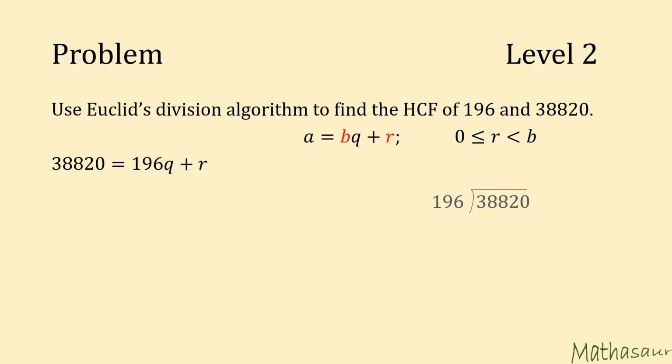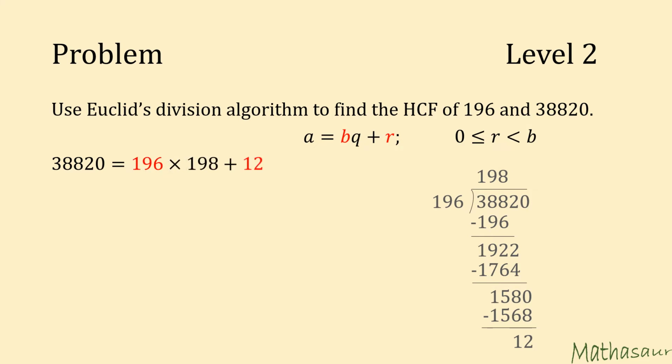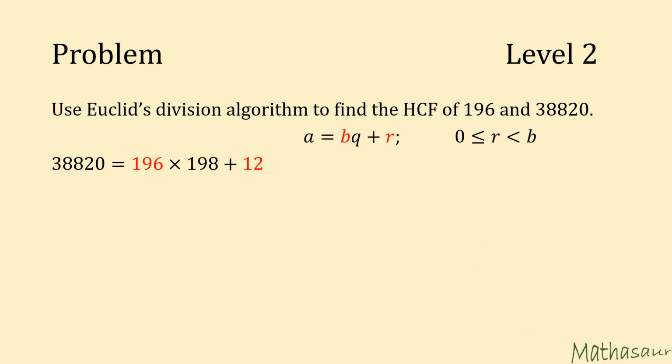Let us quickly do that. We see that Q is equal to 198 and R is equal to 12. Now note that R is not 0 yet. So let us choose our B and R and do the second iteration.